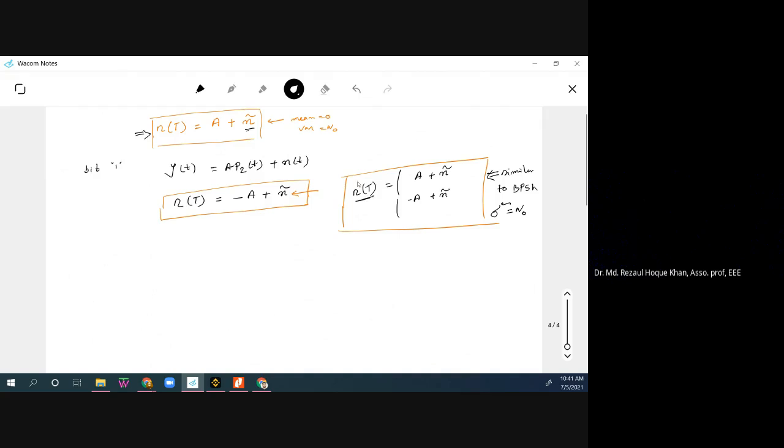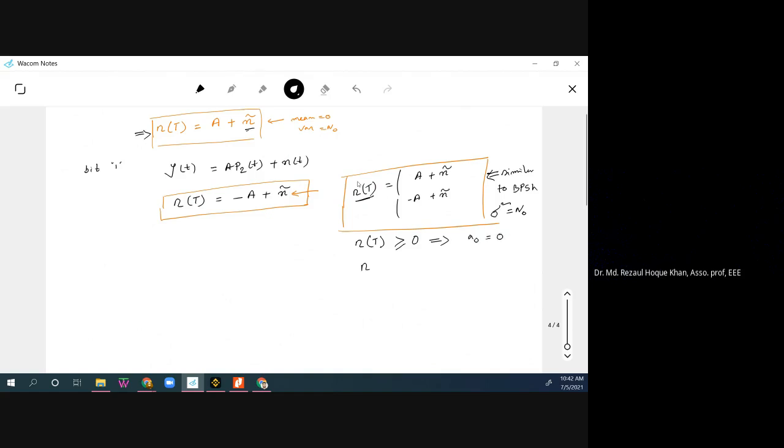If R(T) is greater than 0, then we decide A0 equals 0, right?